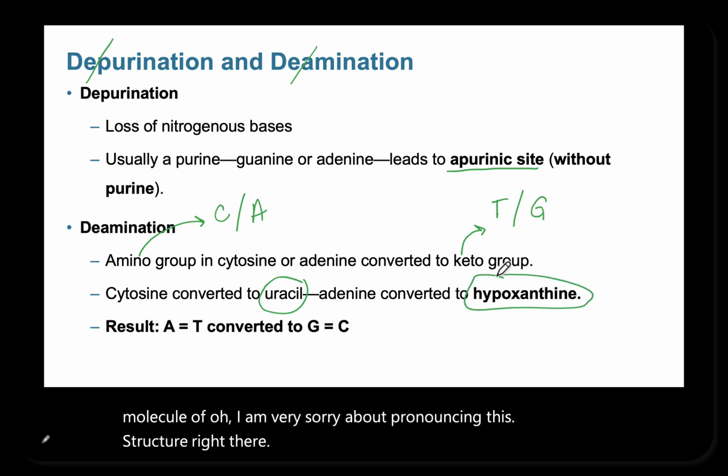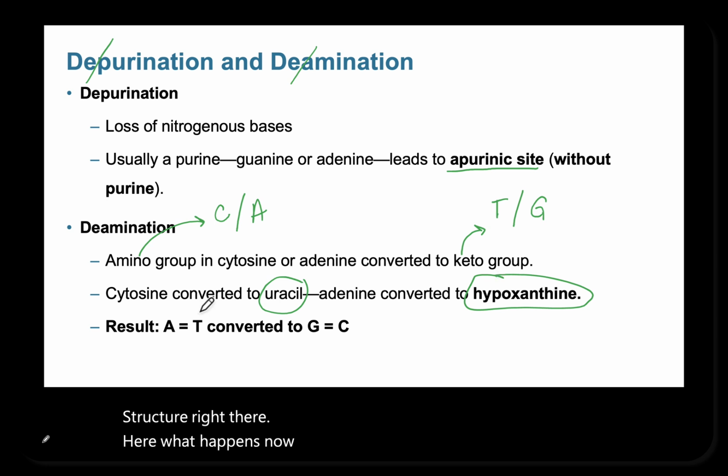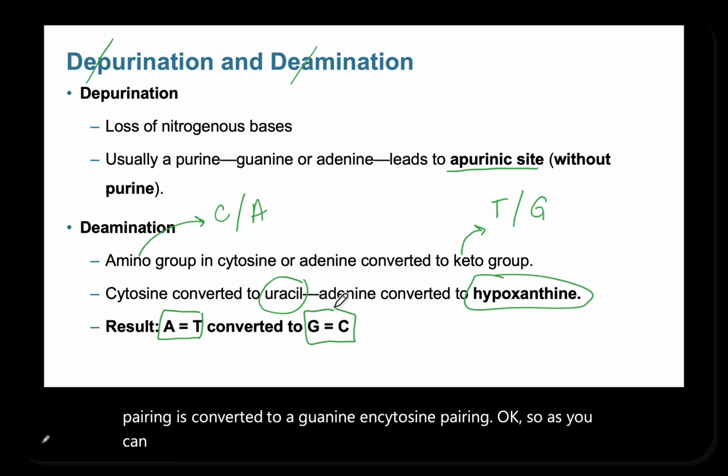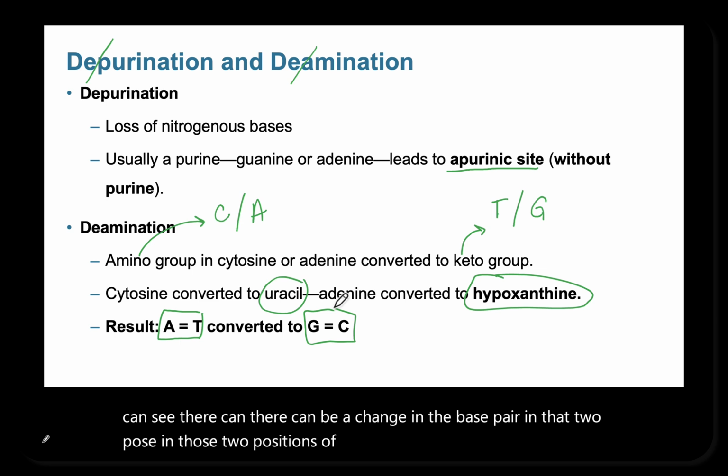Here, what happens now is that the A and T, the adenine and thymine pairing, is converted to a guanine and cytosine pairing. Okay, so as you can see, there can be a change in the base pair in those two positions of the DNA strand.